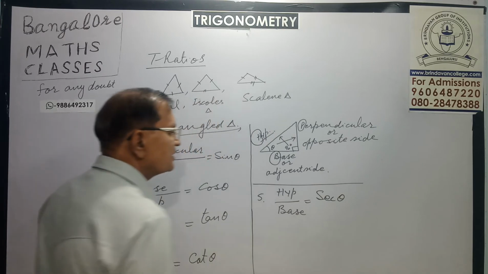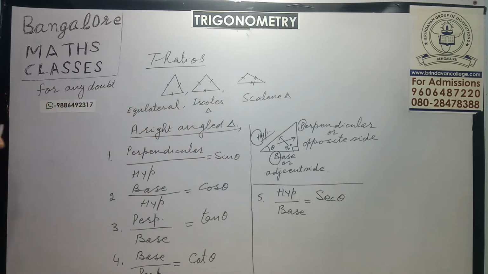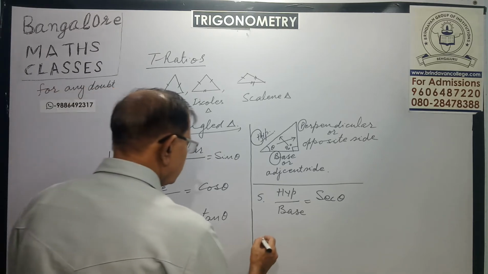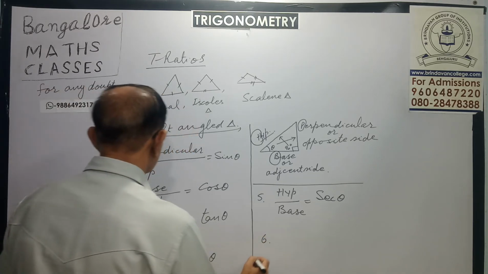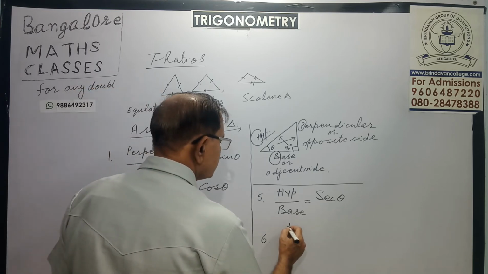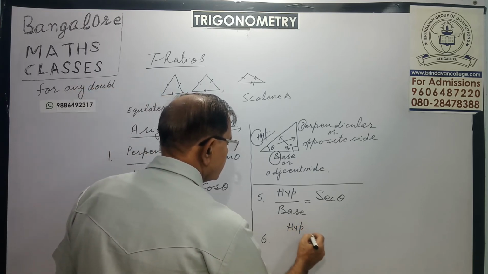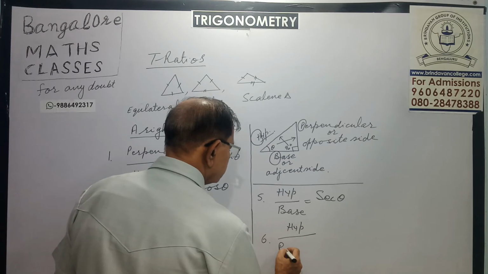In short we are writing it as SEC, otherwise it is secant theta. And the sixth one, hypotenuse by perpendicular.